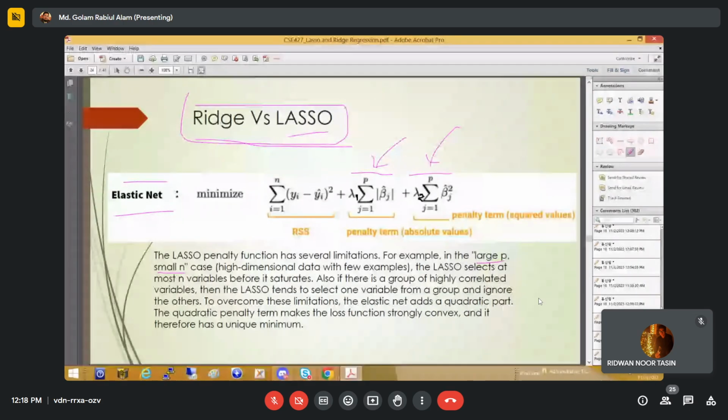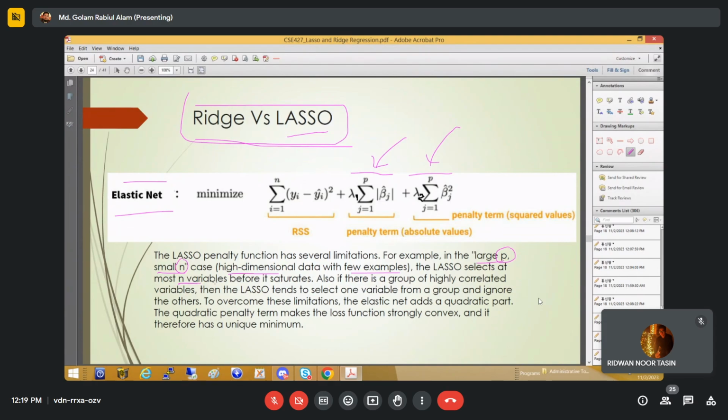Large P means many parameters, or features, and a small number of cases, or instances. We usually call it high dimensional data with few examples. We have just few data, but the dimension of data is very high. In that case, lasso selects at most n variables and removes the others.